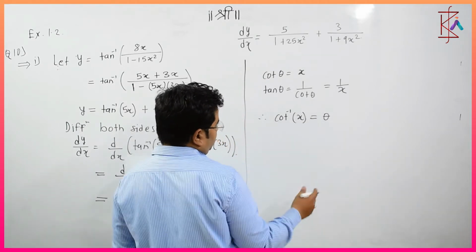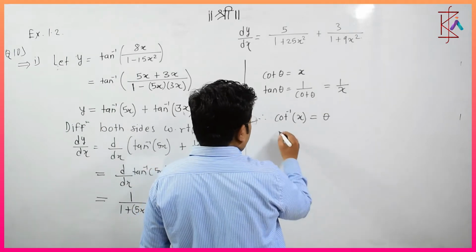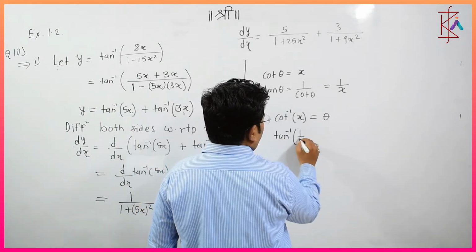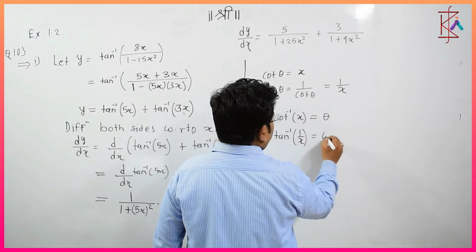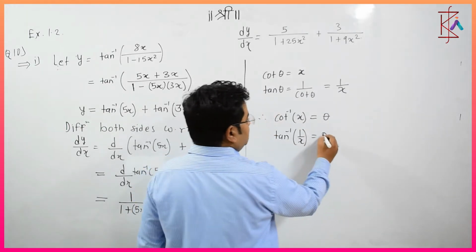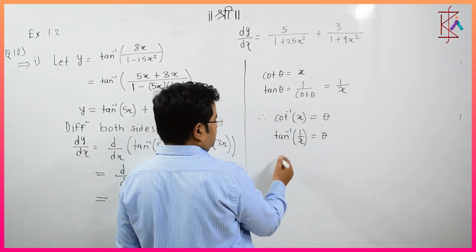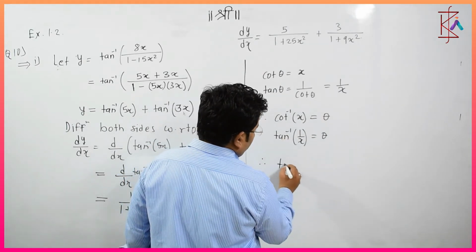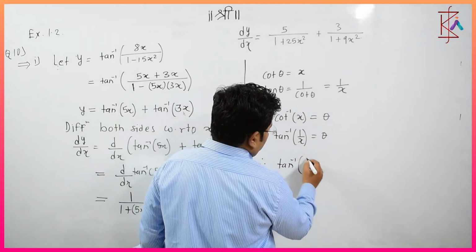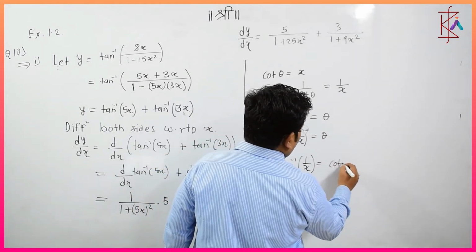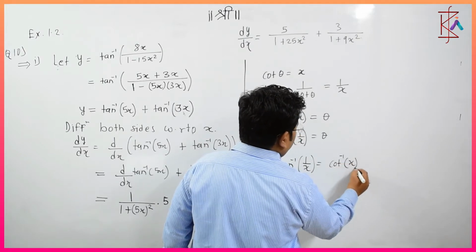Then tan inverse of 1 upon x is equal to theta. Therefore these two quantities are equal. Therefore tan inverse 1 upon x is equal to cot inverse of x.